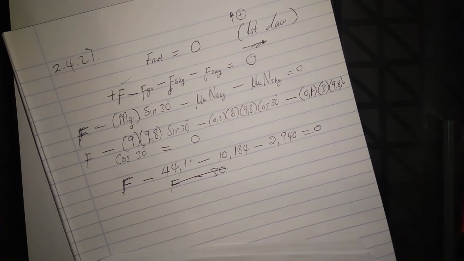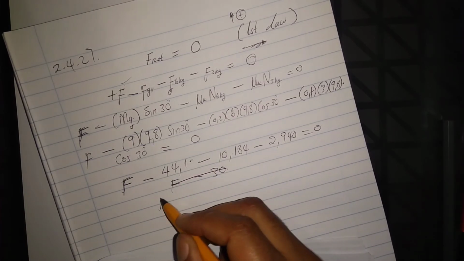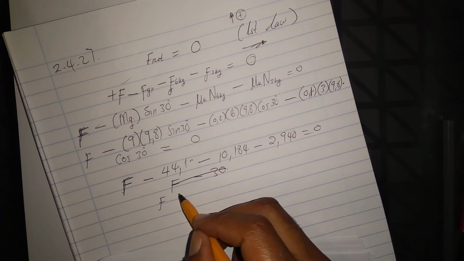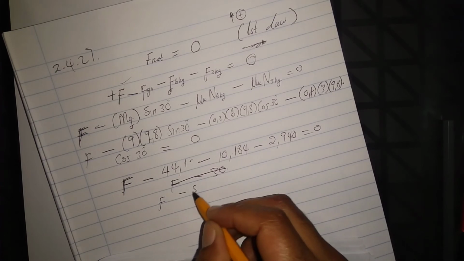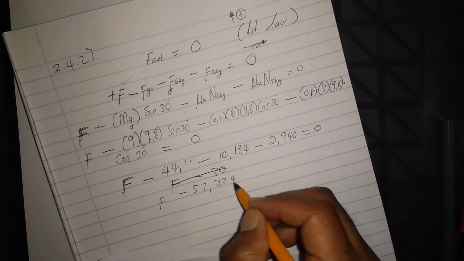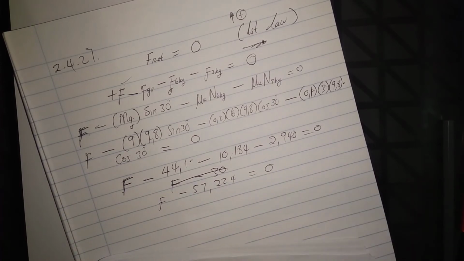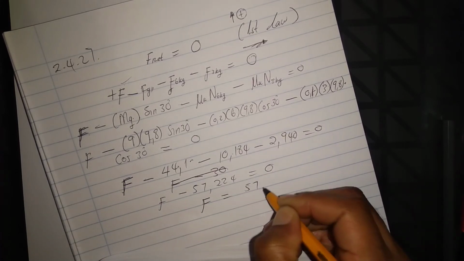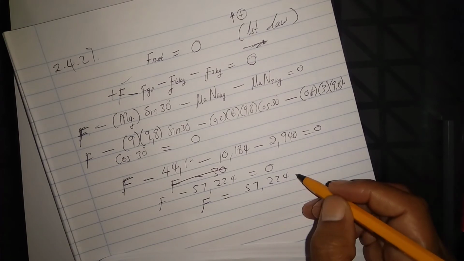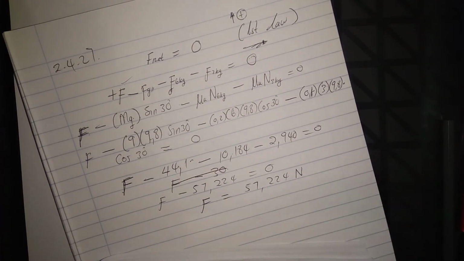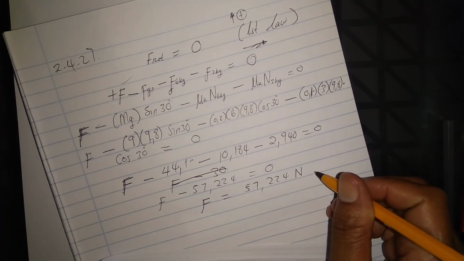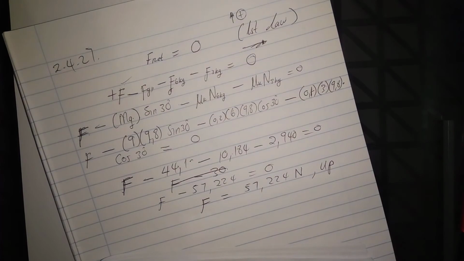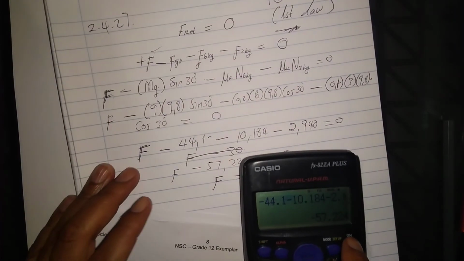So it's minus. The answer is about minus 57,224 equal to 0, then F is equal to 57,224 newtons up the incline. But let me double check the solution here.